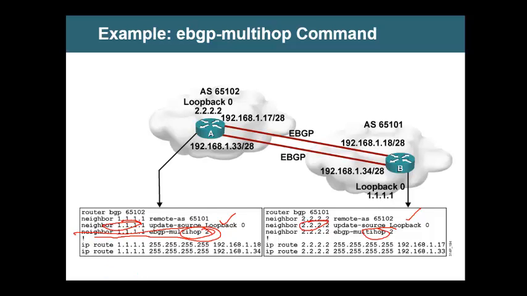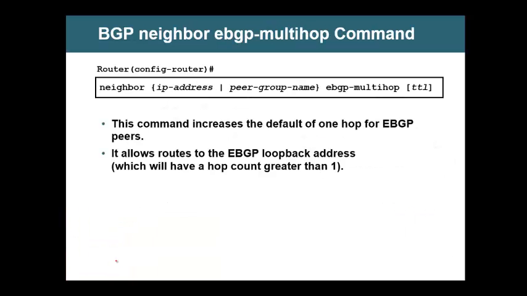Why do we need this ebgp-multihop? You remember long back we learned a rule. For eBGP, neighbors need to be directly connected.